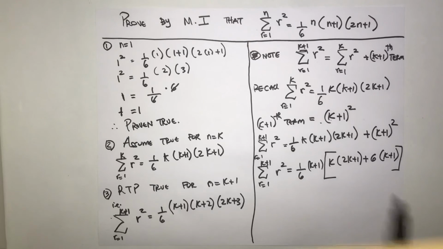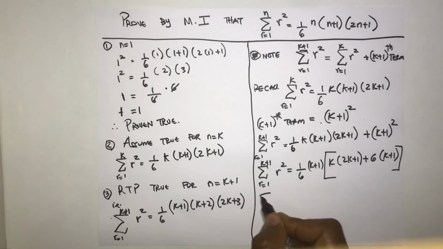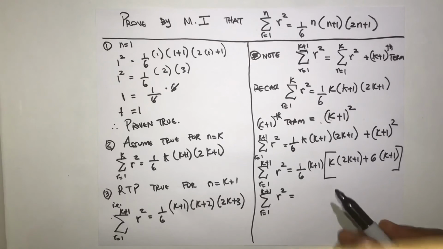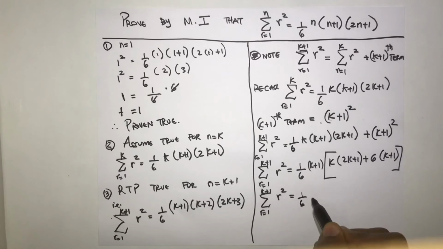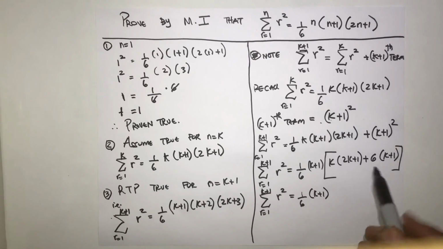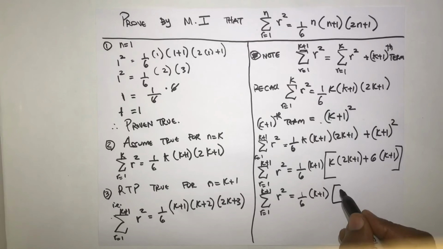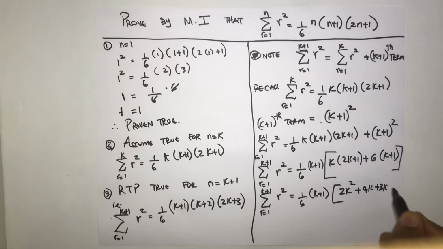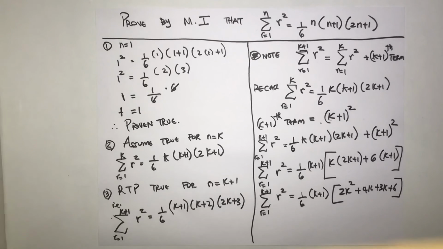Good. Now you simply simplify the expression. The sum of r equals 1 to k plus 1 of r squared is equal to 1/6 k plus 1, and then looking at this, you'd get 2k squared plus 4k plus 3k plus 6, right?